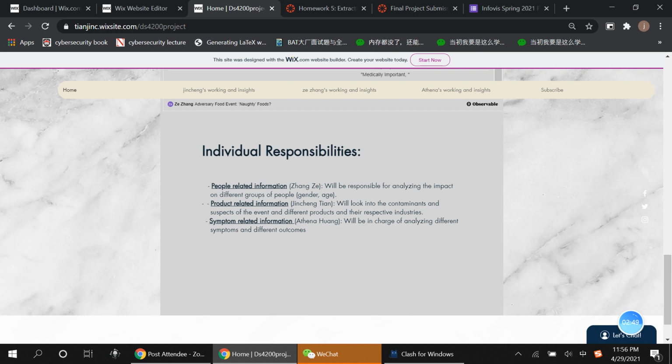And I'm going to analyze the different products, the symptoms related to the products, and the age distribution of having that product and the different symptom outcomes. And Athena is going to take the part of symptom-related information, analyzing different symptoms and different outcomes.